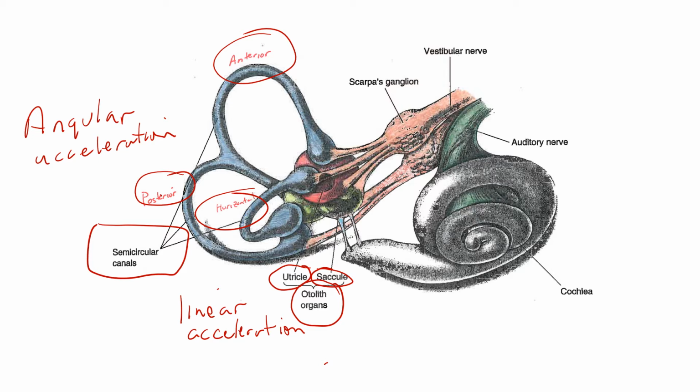Finally, notice that we have this very, very small connection between the saccule and the cochlea. Specifically, these go to the scala media. One of the things that you hopefully will remember is that the scala media is filled with endolymph, just like the entire vestibular apparatus.